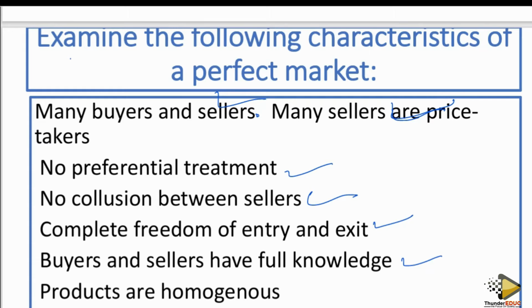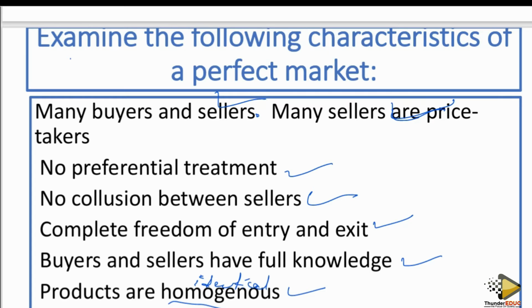We also have another characteristic that takes into account the type of product sold in this market. Most of the products sold in this market are identical. That is why it is very difficult for these businesses to sell their own product, because you are selling the same product as the person competing with you, and the businesses are clustered together.